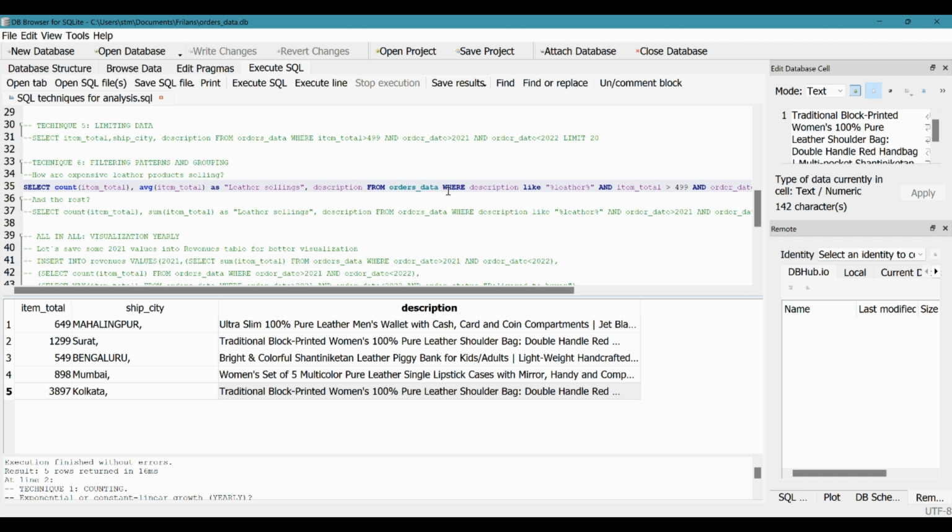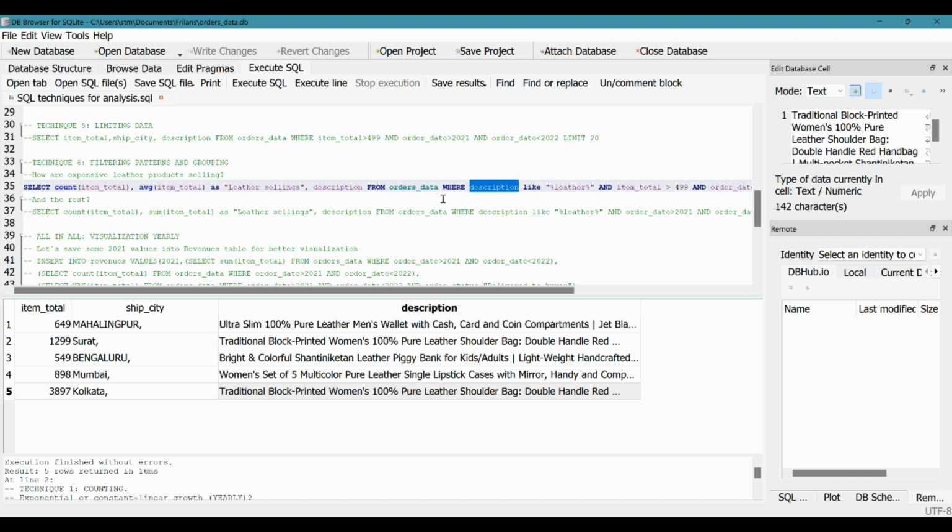Then I can filter where the description contains the word leather, because leather is contained between these two percentage signs, which means that before the word leather there's some string, and after the word leather there is also some string. So leather is contained inside this text in the description.